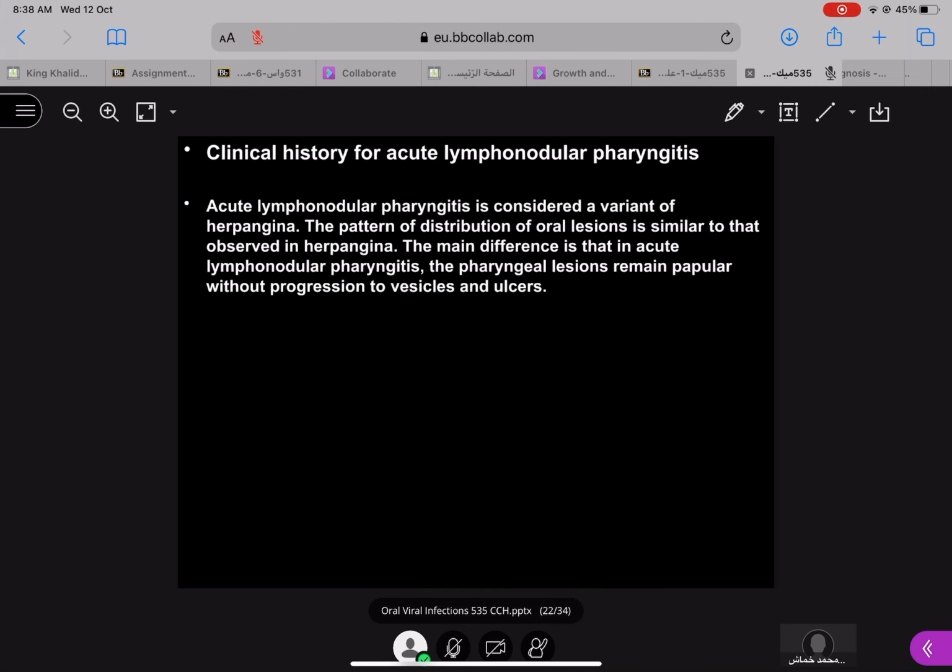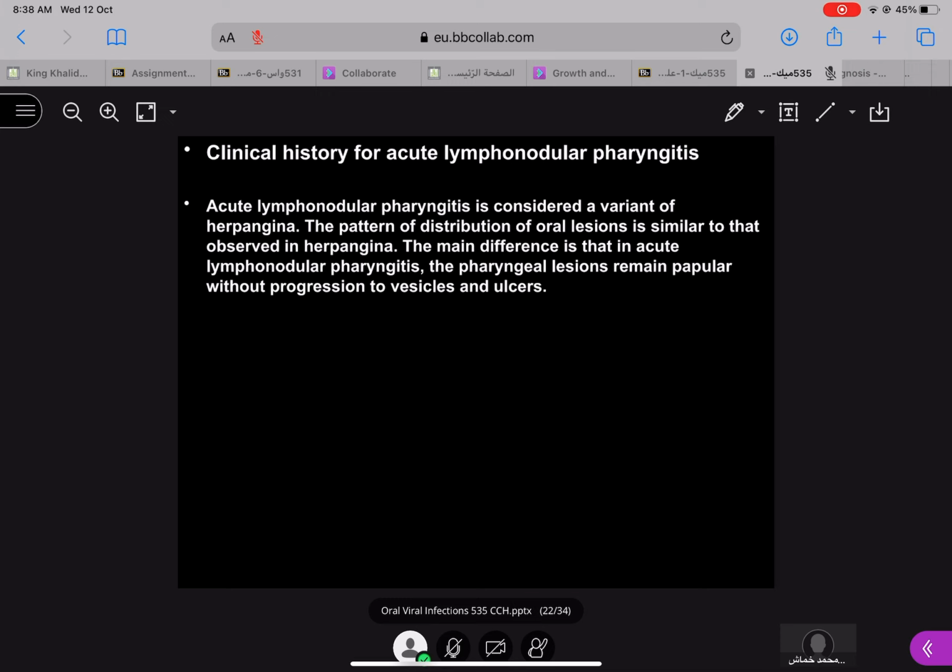Okay, now we are going to cover the third form of manifestation caused by Coxsackie virus. So now we go to acute lymphonodular pharyngitis. It is considered a variant of herpangina.